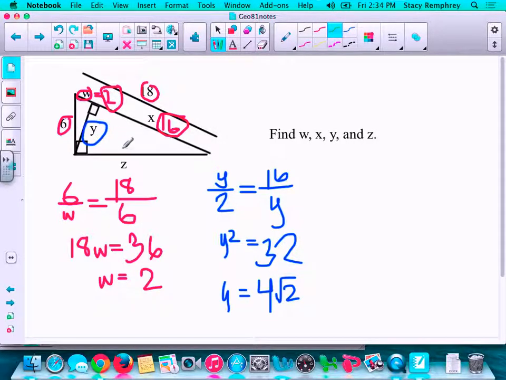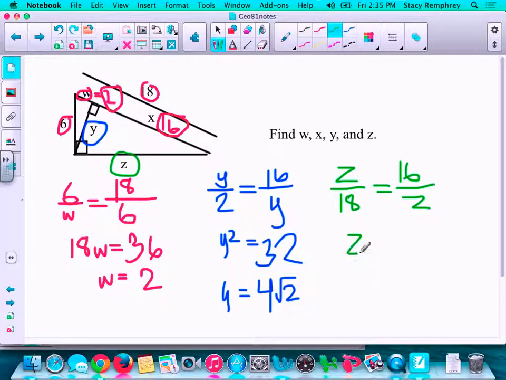And last, I'll do z. Z is a leg of the large triangle. So z is the geometric mean between 16, that's the segment of the hypotenuse that touches it, and the whole hypotenuse, 18.